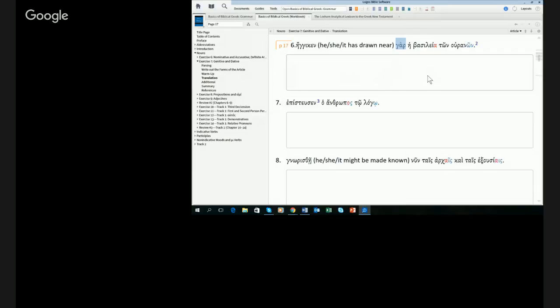Ton uranon. Now, the ending on is dominant. It overpowers any vowel that it joins to. So what we would have had here is urano plus on as an ending, but you will never see uranoon as a final form, because omicron plus omega simply becomes omega.